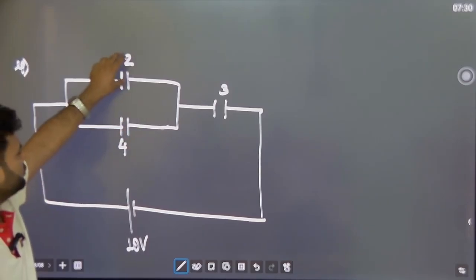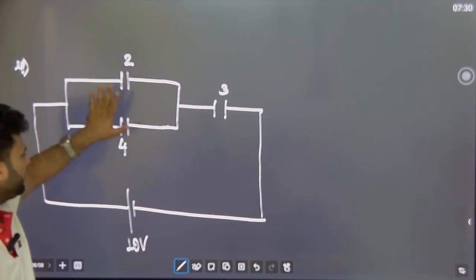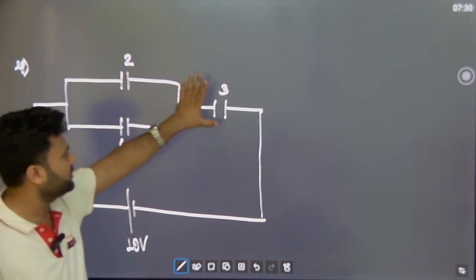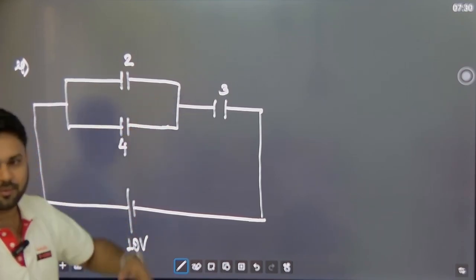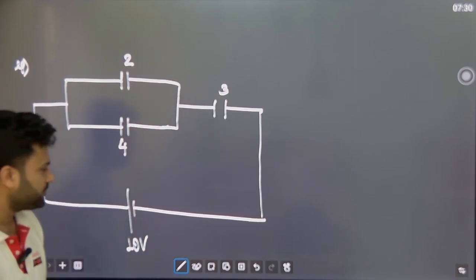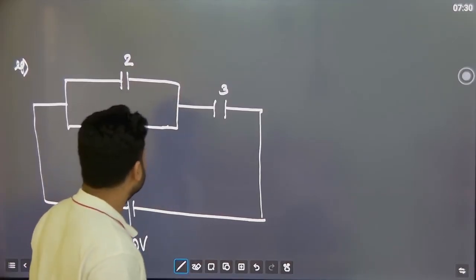Capacitance 1, 2 farad. This is 4 farad, this 3 farad, this battery is 10 volt. They will ask what is the charge on each capacitor. Okay. How to do? See.